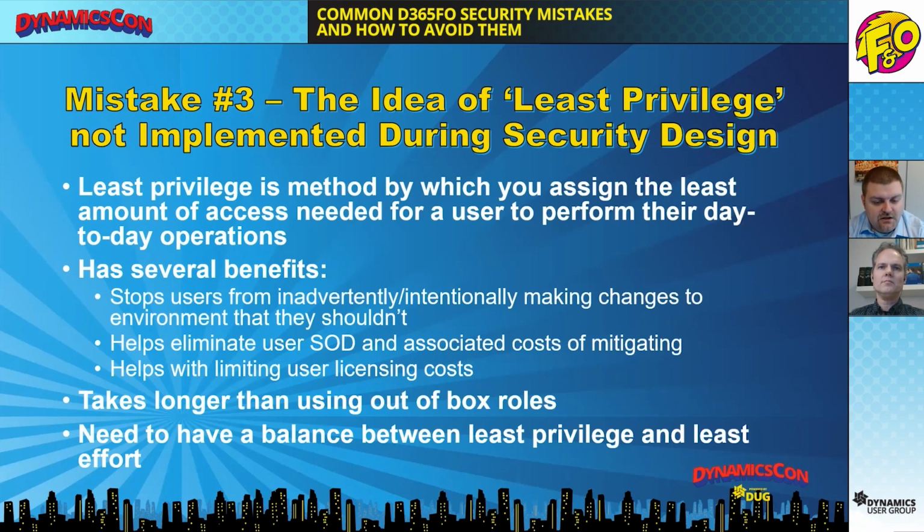It's not what the user is actually doing in the system that requires the license, it's what they could potentially do or what they're assigned to do. That's where your security and licensing are tied together. So by lowering the access the user has, you could potentially be lowering the license requirements for that user. Those are the 3 benefits of implementing least privilege.